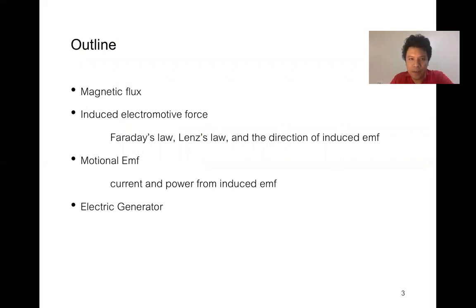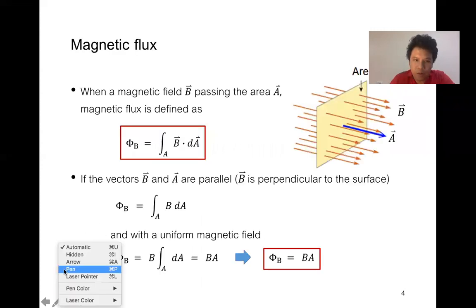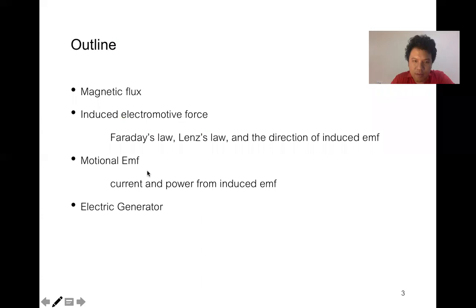So what are we discussing? We start with magnetic flux, and then we discuss Faraday's law and Lenz's law, in which the change of magnetic flux, delta phi B, divided by the time, can be written in terms of the electromotive force in the unit of volt.